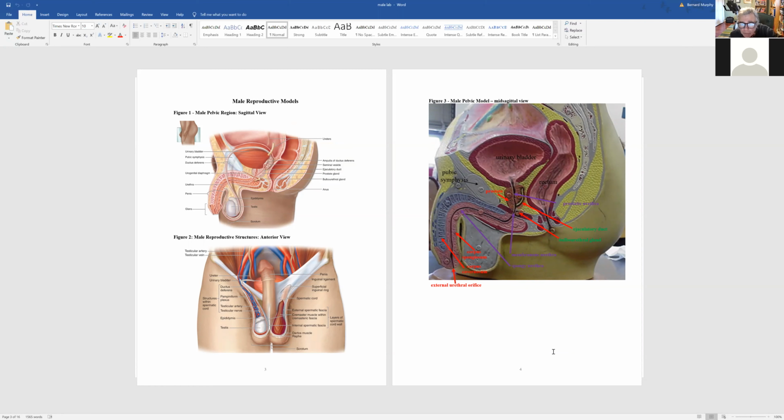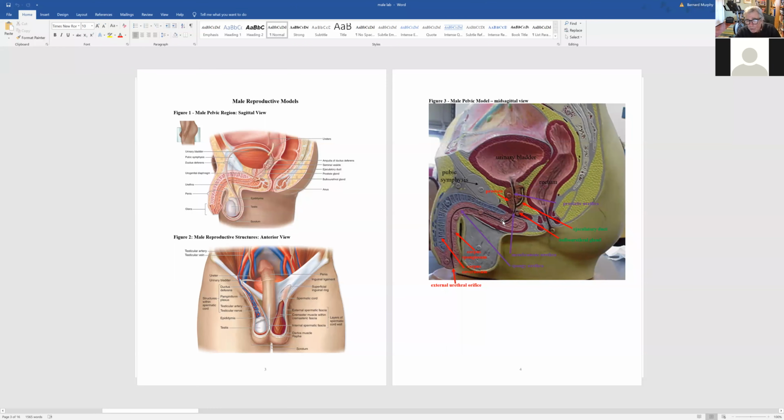You've got to know all the parts of the male urethra. Remember, there are 3 parts: the prostatic urethra that goes through the prostate gland, the membranous urethra, which is right here. It's very short, and it goes through what's called the urogenital diaphragm, and then the spongy urethra.